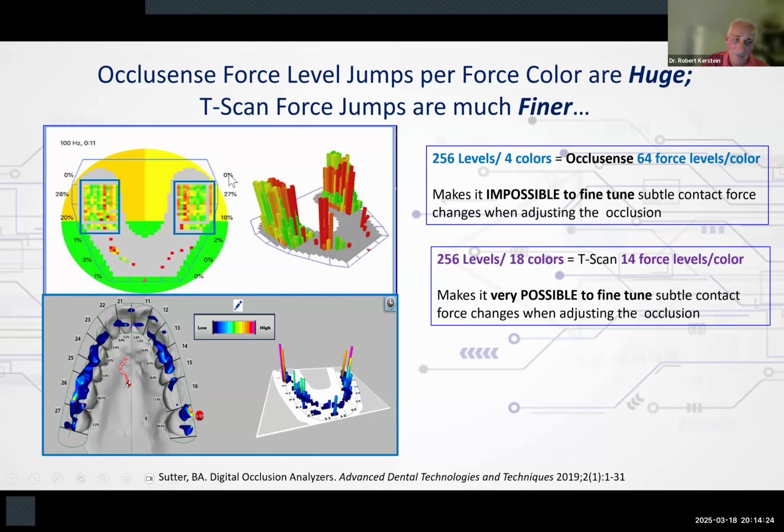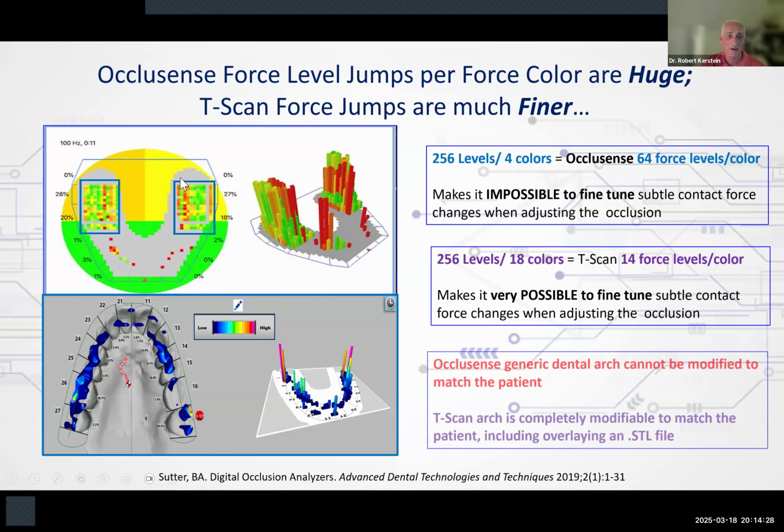And then you have another issue, which is the OccluSense arch is generic. It has no tooth delineations. So where is this area? On what part of the tooth is all of this force? And what do you adjust? And where is it? Is it on the mesial marginal ridge? Is it on the lingual surface? Is it on the buccal surface?